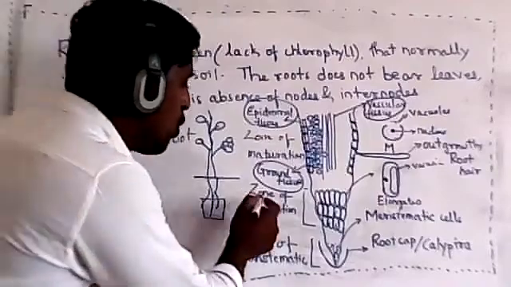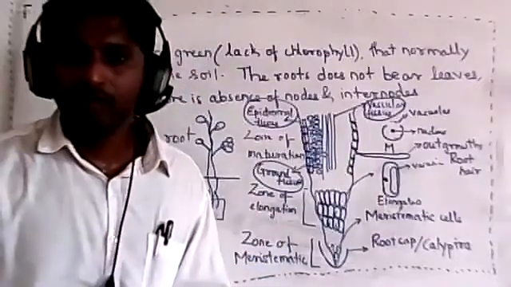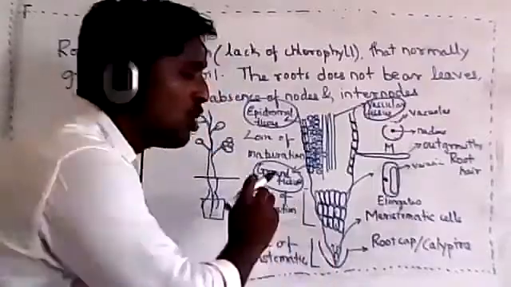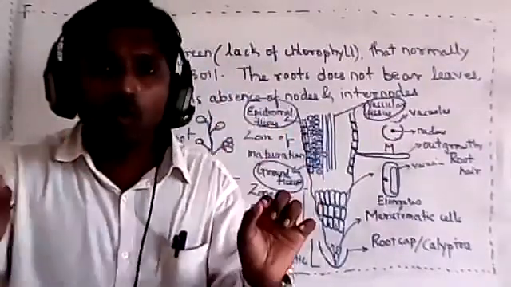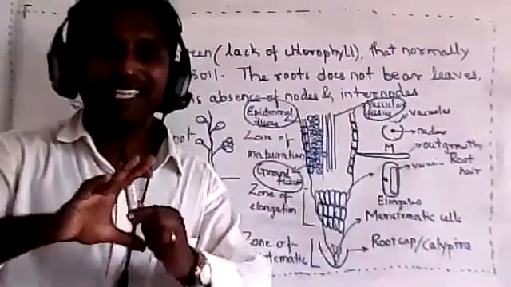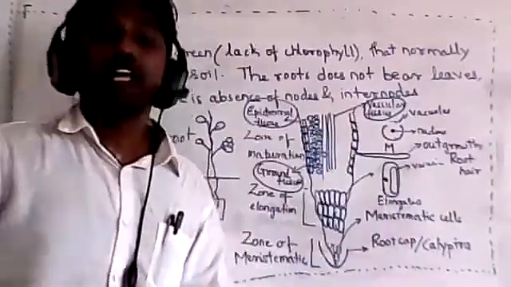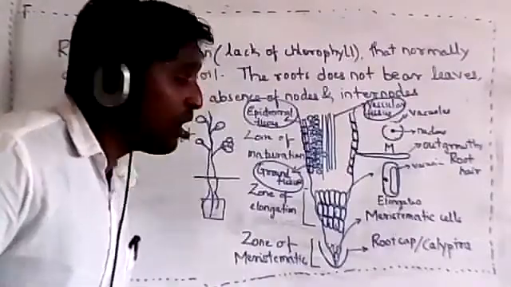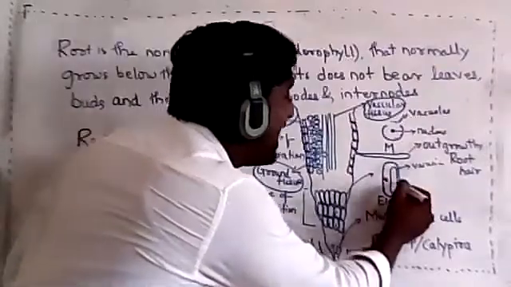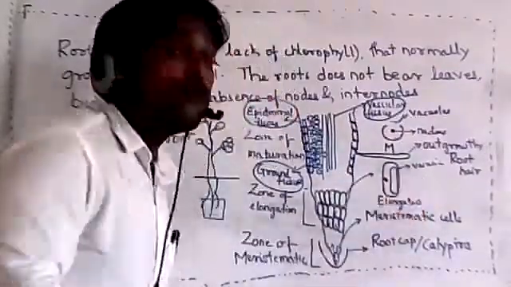Next, zone of elongation. Now the cells stop undergoing mitosis. Mitosis stops, and the cell grows in size. Cells get elongated. How do they get elongated? By elongation of the vacuole.